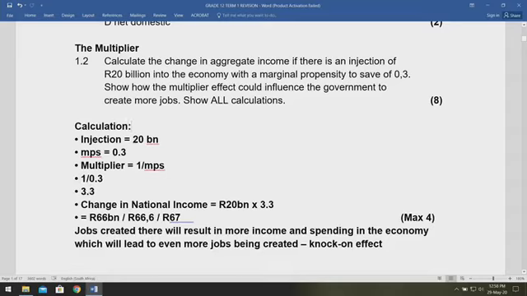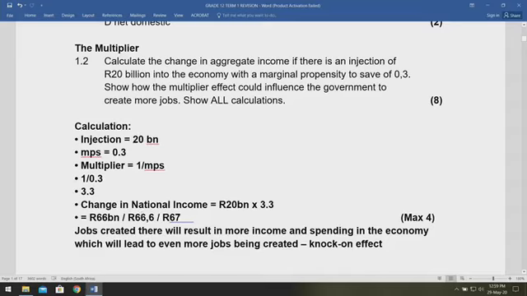So therefore, the change in national income would be the value of the multiplier, which is the 3.3, times the amount that was injected, the 20 billion. So 3.3 times 20 billion is equal to, most correct answer would be 66,66666, which is what the calculator will give you. And once again, in maths you are taught, if the number after the comma is 5 or more, then that goes to the next value.